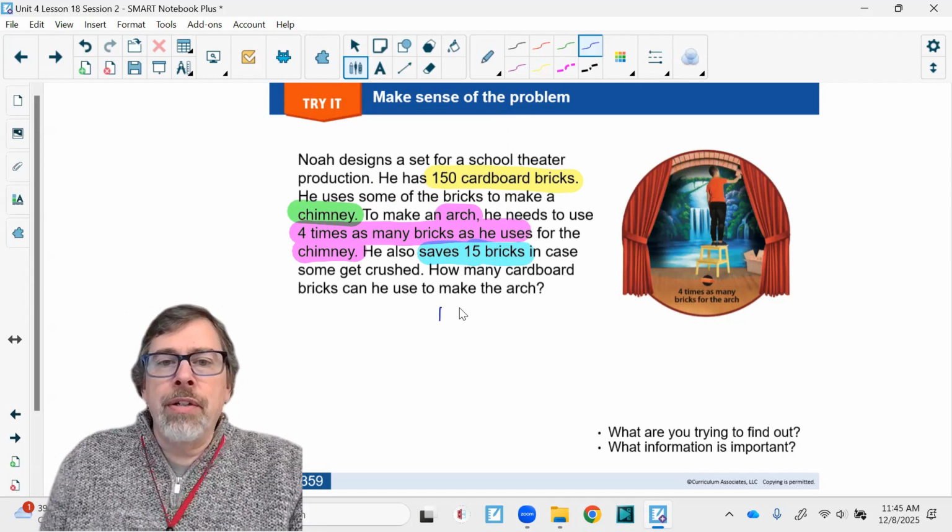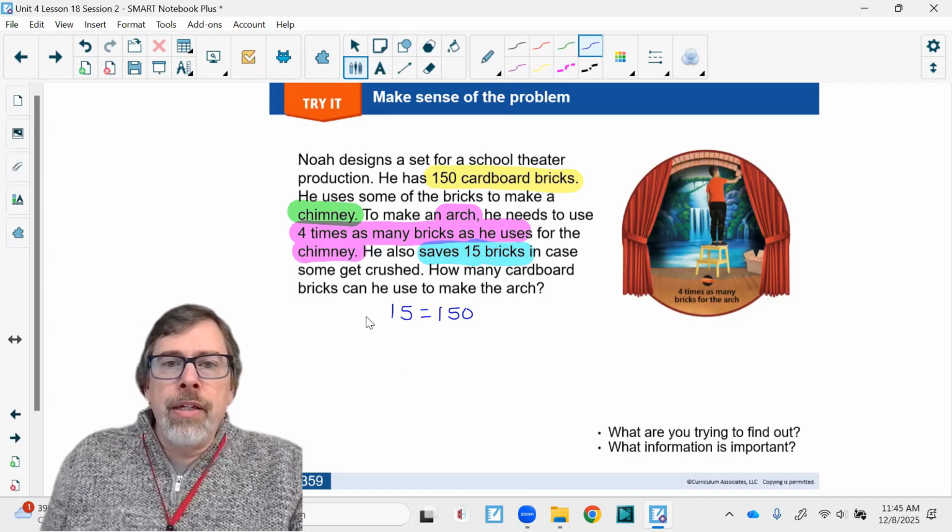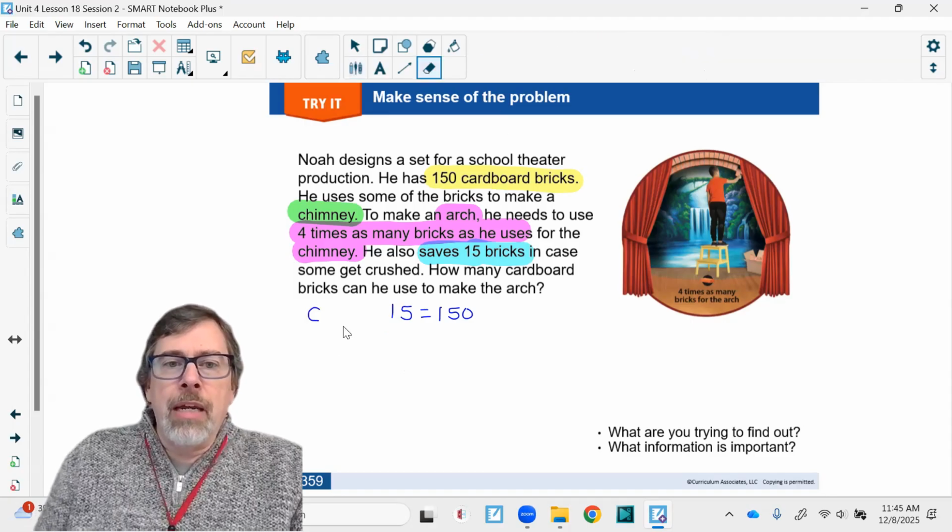So how I'm going to start this is I'm going to write the total on the right-hand side like so. So we know he has 150 bricks. We also know he has 15 surplus. And then he's going to use so many bricks for the chimney. Actually, let's do a table off to the side so this is more understandable.